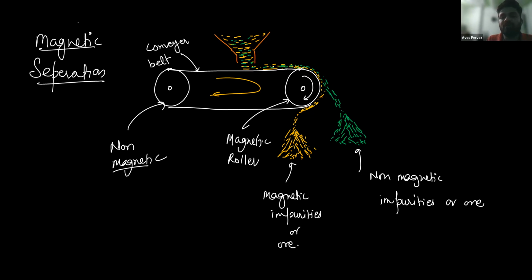If it carries a green colored non-magnetic substance and a yellow colored substance with magnet attracting property, then when the conveyor belt moves, the magnetic substance will be attracted to this roller and move along with it. The non-magnetic substance will not be attracted to this roller, and it will be separated out. Okay, you understood?